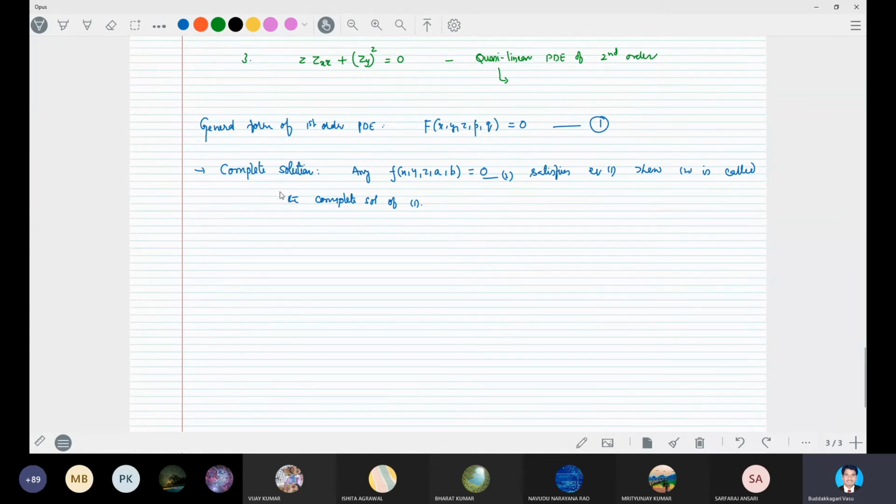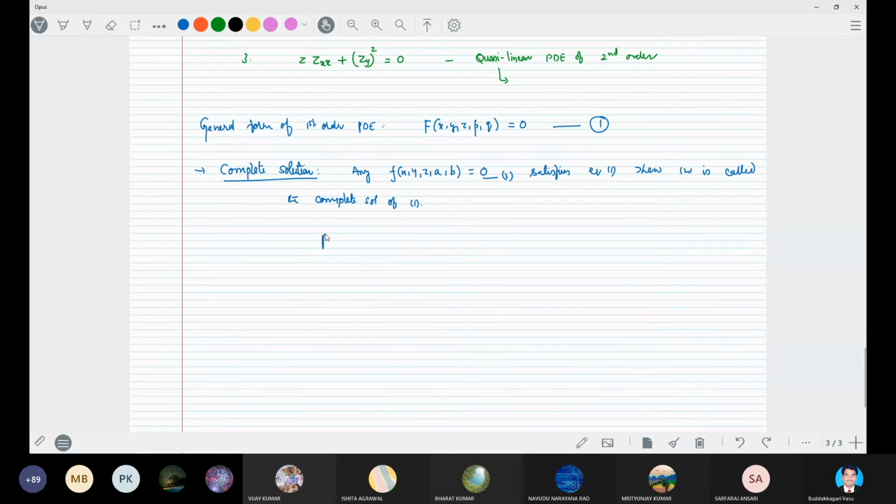Understand? If we give particular values to the arbitrary constants a and b in the complete solution, then that resultant solution is called a particular solution.